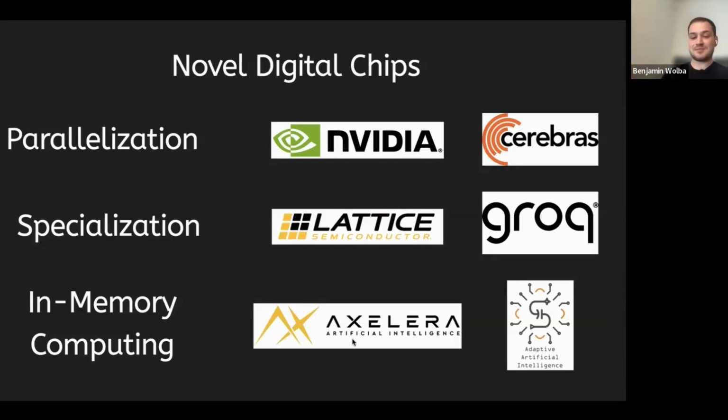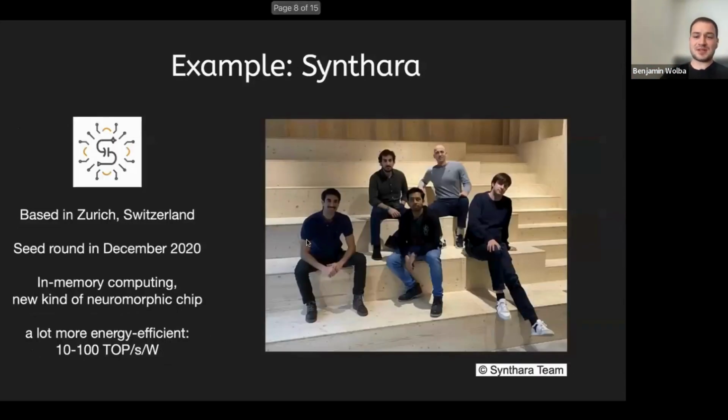Two companies that pursue this are Axelera AI, the other one being Synthara. And I just picked Synthara as an example. I've interviewed both of them for my Future of Computing blog, and so I picked this one as an example. They're based in Switzerland, and they're designing a new chip for AI, where the idea is really you don't shove this data back and forth between memory and processor, but you do the computation within your memory.